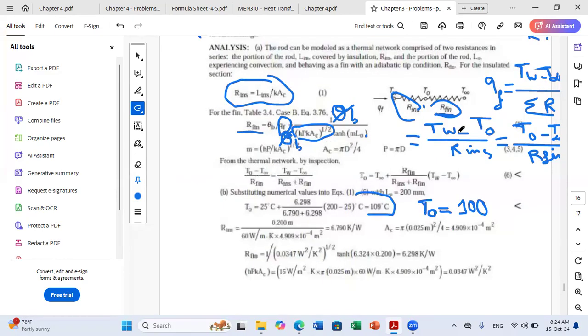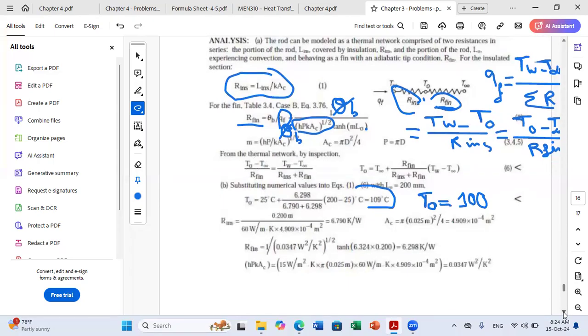So if you replace in your equation, you can find out what is the value of K that will give me T0 equal 100. So you replace T0 by 100, and in QF equal TW minus T infinity over the sum of resistances, the only unknown is K. You can solve for the value of K, which will give you a temperature T0 equal to 100 degrees.